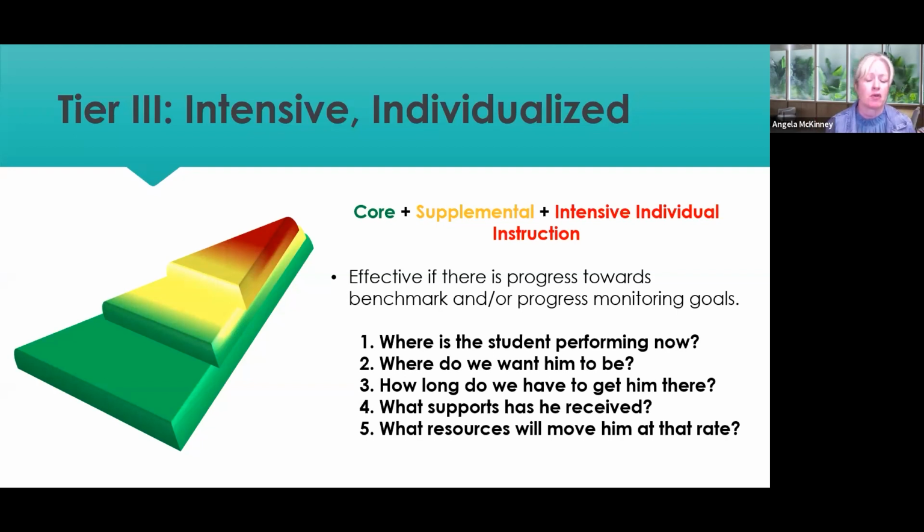It really is about creating a visual representation for staff to say, as things get more intense, as the needs are bigger and kids are not responding to the lesser supports, we need to make them stronger. We need to make them more individualized. We need to make them more customized for the student. That's really what tier 3 is all about.